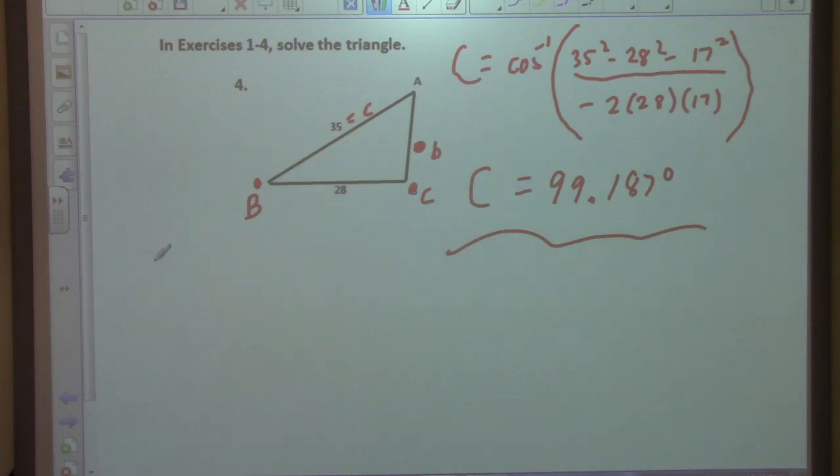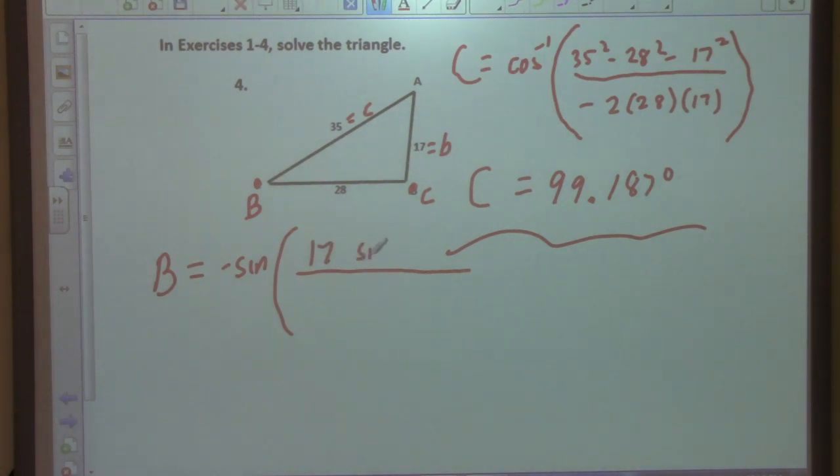Thanks for reminding me. So what's going to happen is B is going to be equal to your inverse sine of what it was, B over, oops, it has this 17 equals B, I crossed it out.